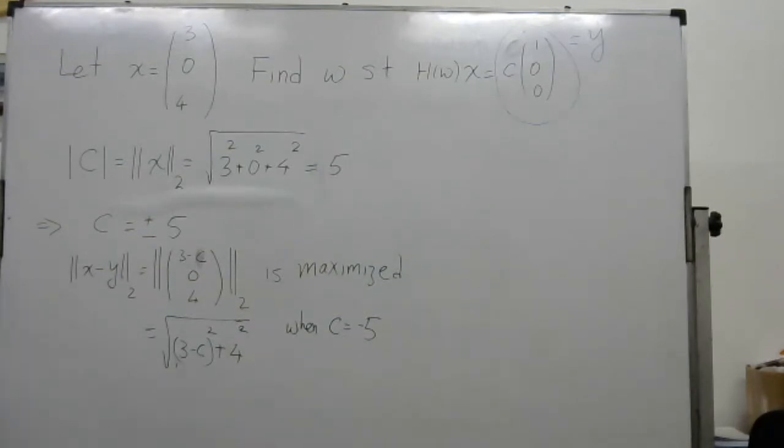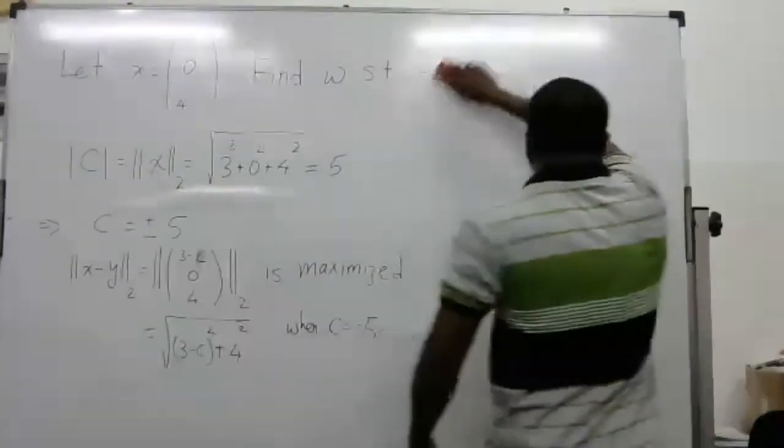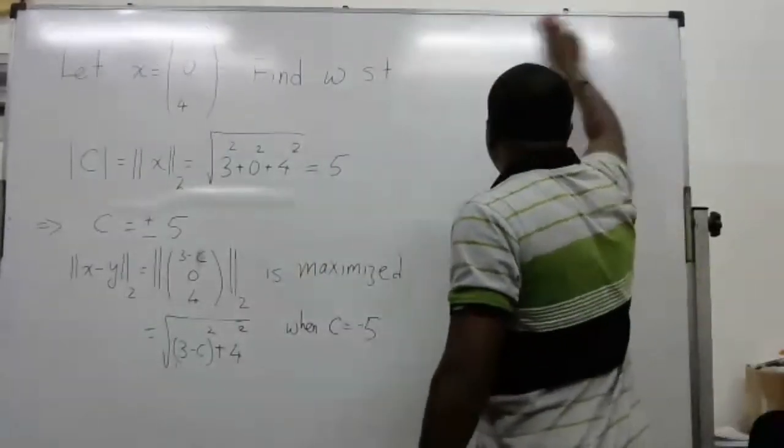Obviously 8 squared is bigger than 2 squared. So this is maximized when c is equal to minus 5, and so you choose c as minus 5.